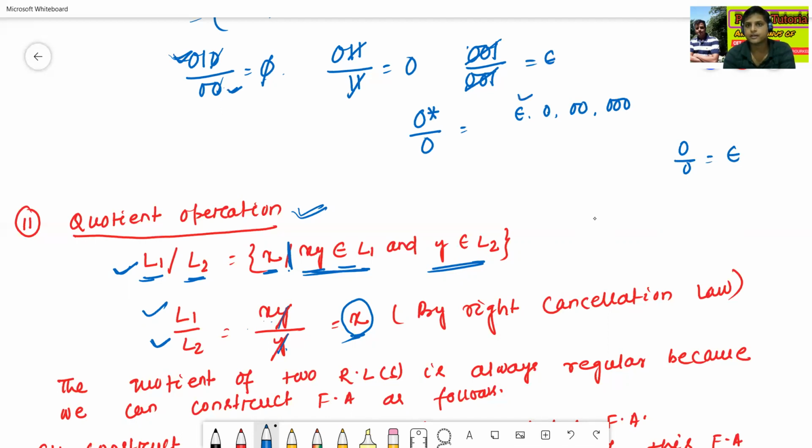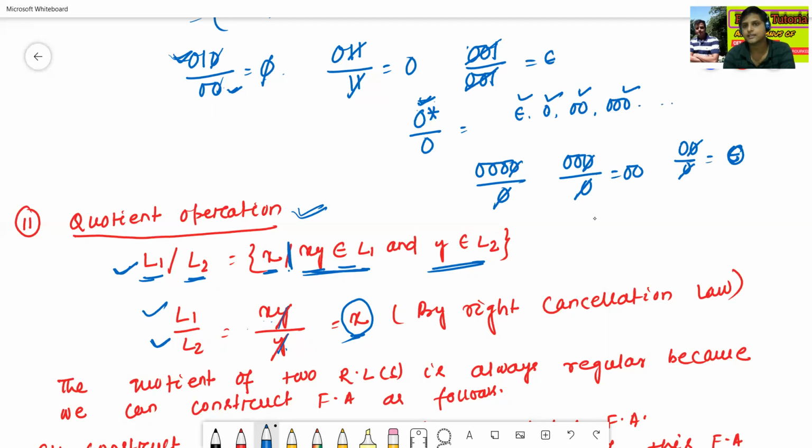Suppose epsilon, suppose double 0, we can cancel. So 0 0 0 0, it is nothing but 0. Suppose we can also get triple 0, like 0, cancel 0 0, this is nothing but double 0. We can also get from 0 star 4 zeros divided by 0, 0 cancel, then we can get triple 0 like this.